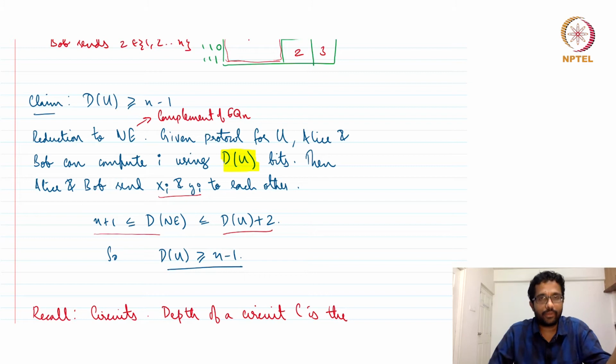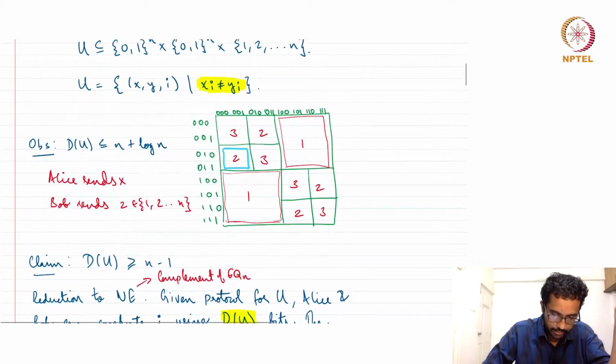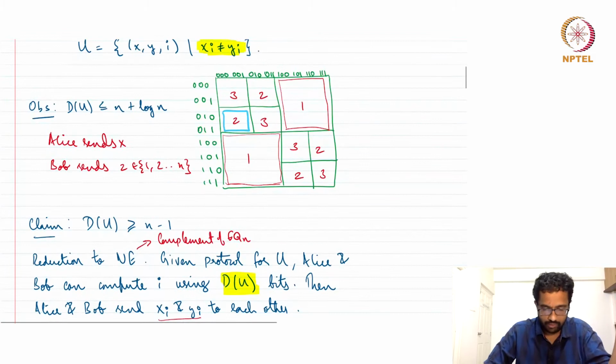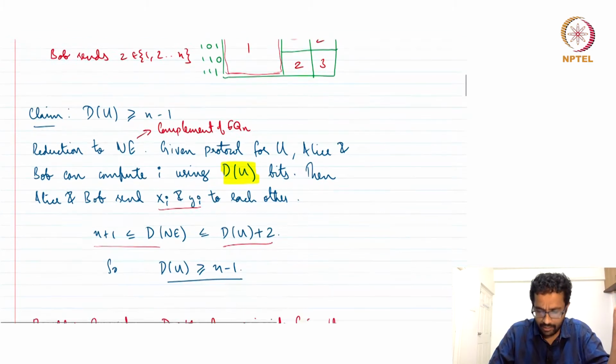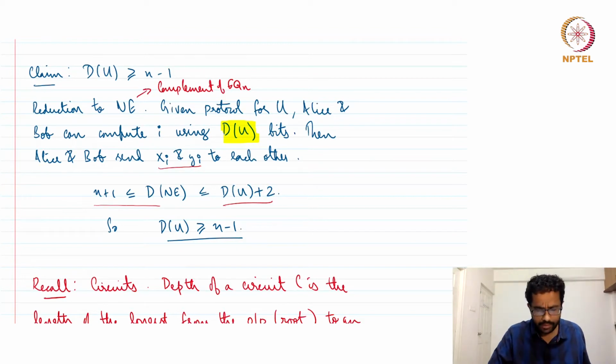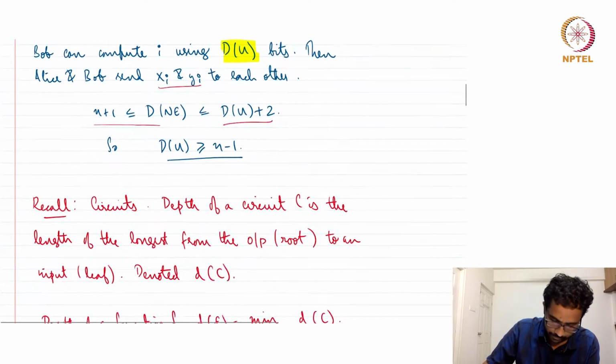So using the universal relation, you can compute not equal to, and that gives you this lower bound of n minus 1, where the trivial upper bound is n plus log n. In fact, this has been improved later, I think to n plus 1, by Tardos and Zwick. But anyway, I'm not getting into that.